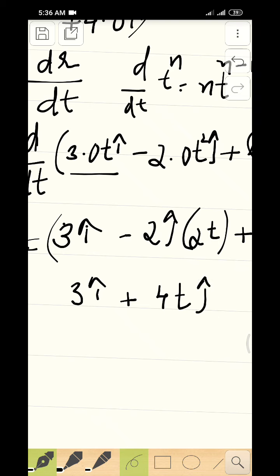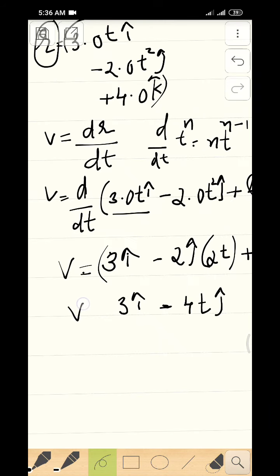Sorry, not plus, this will be minus. So minus 4t j cap, that will be the velocity vector. This is the velocity vector.